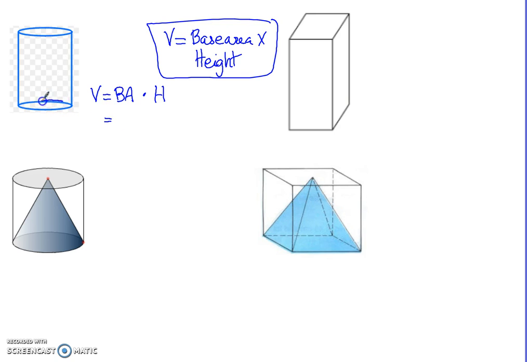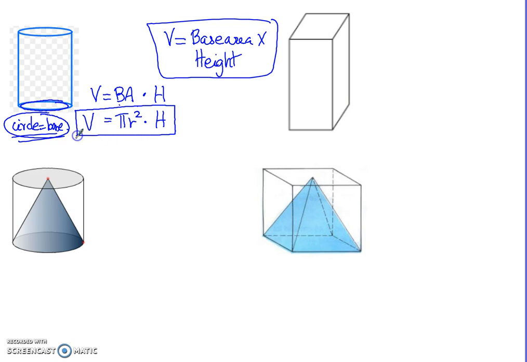Depending upon the shape of the base, this formula will change. Here the base is a circle, a circular base. So when I say base area, you have to use the area of a circle, which is pi r squared, times h. So this becomes the formula for the volume of a cylinder.